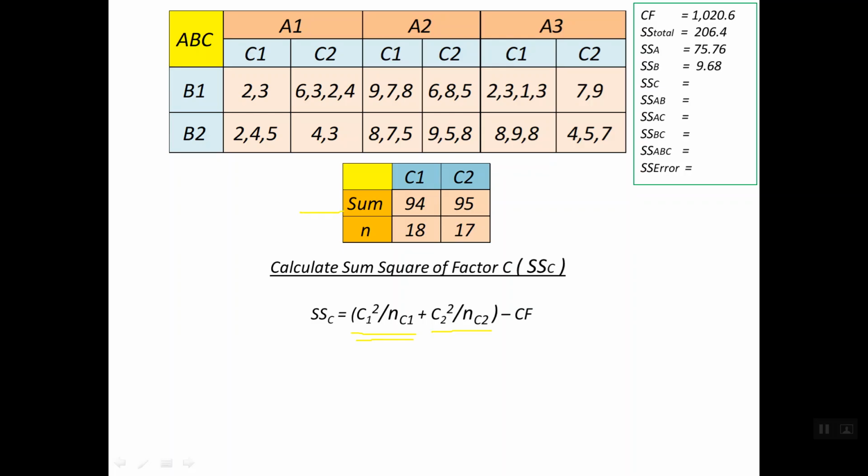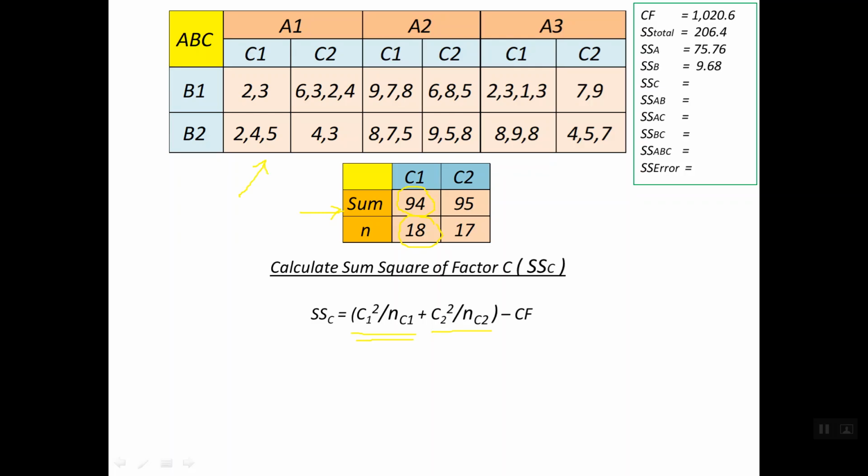In this table, we have the summary of all of these calculations. The sum of C1 is 94 and the number of observations for this level is 18. So how do we get the 94? From the main table here.